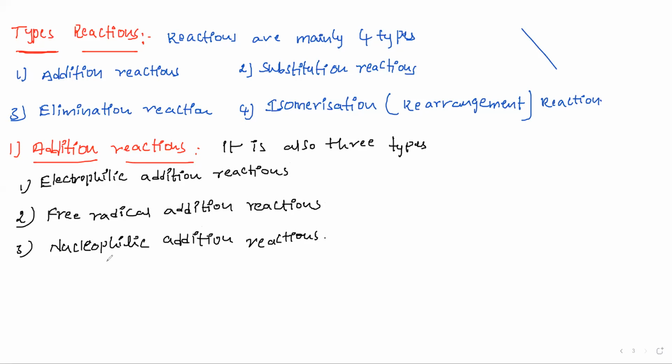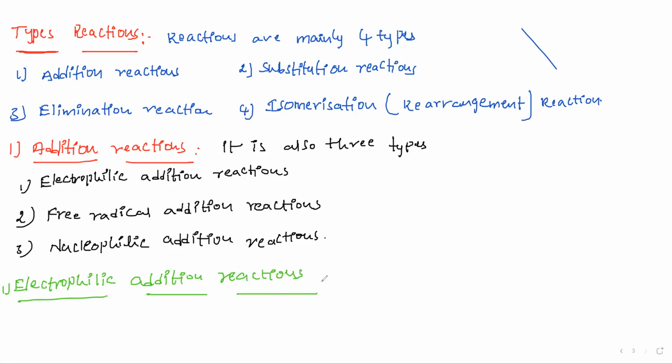The first one, keep the heading: electrophilic addition reactions. Electrophilic is nothing but electrophile, so electrophilic addition reaction means addition of electrophiles. Generally, addition reactions take place in alkenes and alkynes only.